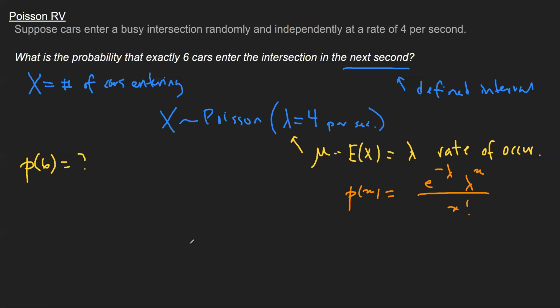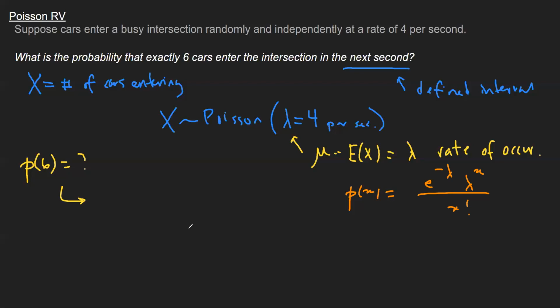The Poisson is where you're counting occurrences relative to an interval. Usually that interval is time, and lambda is going to be the rate of occurrence. So you're going to look in the problem to see how you can figure out that rate. Once those two pieces are identified, it's just a matter of plugging our values into the equation here.